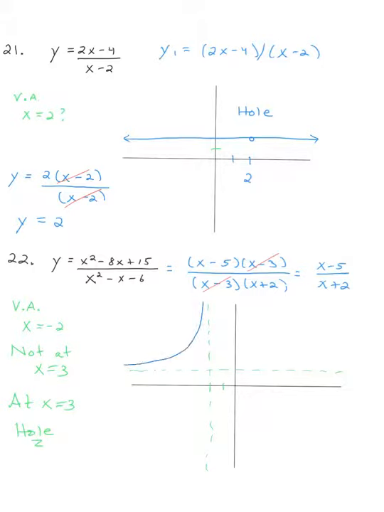I know there's an x-intercept at 5, and there's also a y-intercept at negative 15 over 6. So that's a little bit less than 2. So here's my graph. But the only thing I'm going to add in here is that at 3, there's a hole in the graph. It doesn't exist there. When I go to my table and type in 3, it gives me an error message. So the takeaway here is, if you completely cancel a factor, what happens is there's a hole instead of a vertical asymptote.